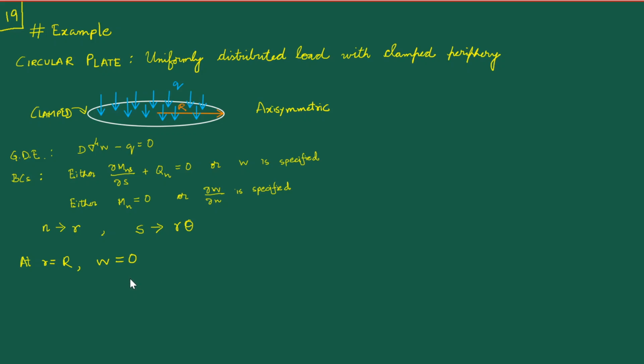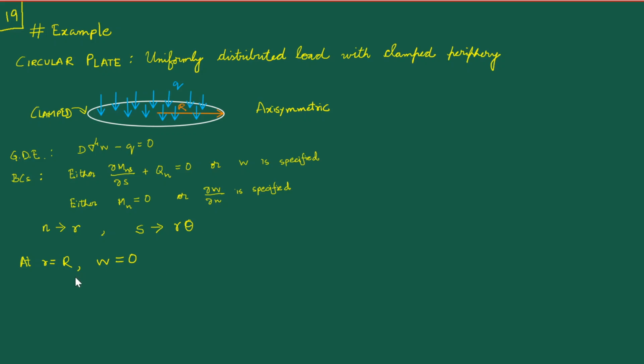Next, we also know that because this is a clamped periphery, the slope there will also be 0. The slope being 0 means that it is this condition, del W del n, which is specified, or it is 0.